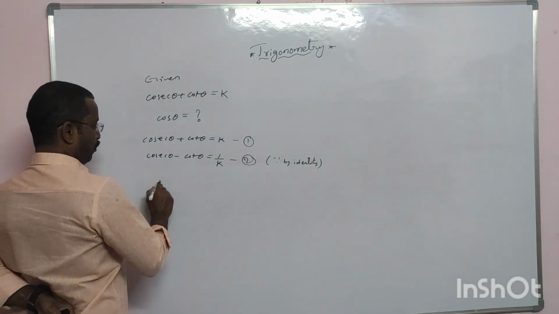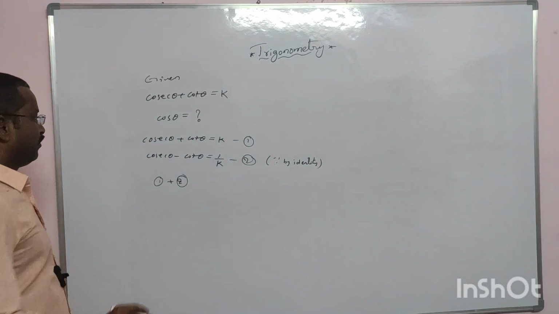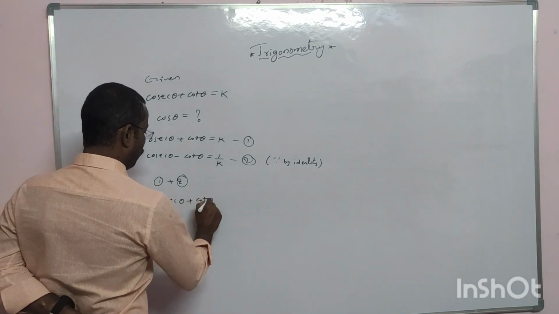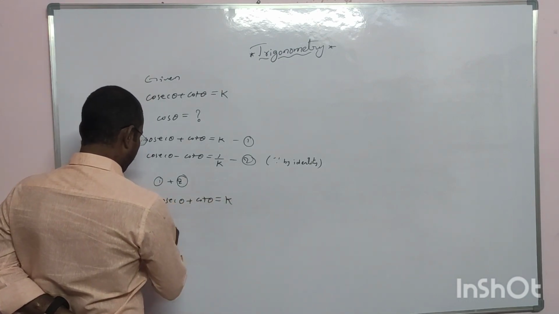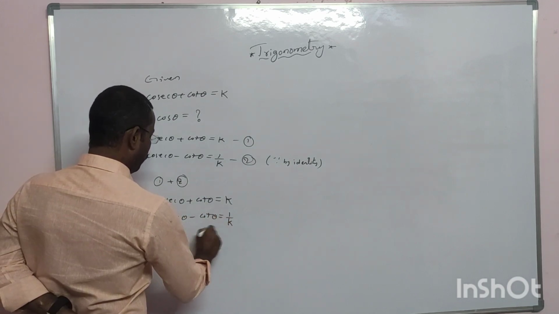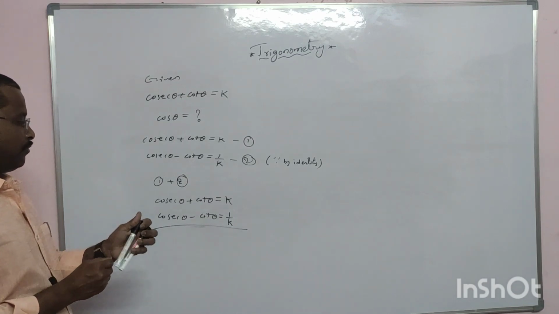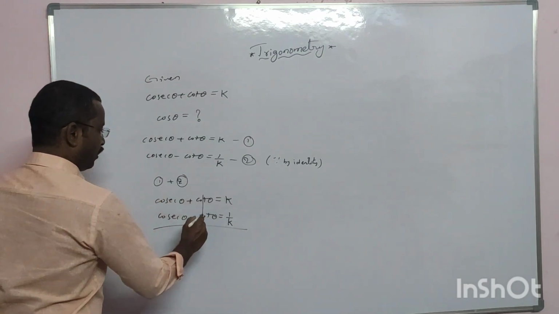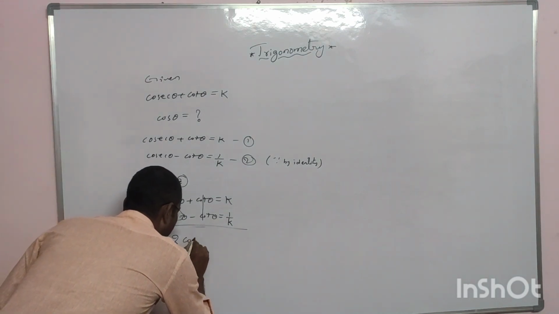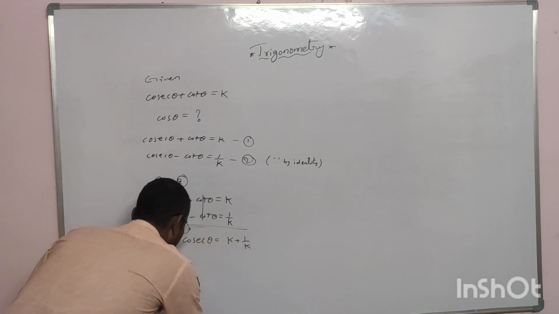Right. Now you are going to do 1 plus 2, first equation plus second equation. Cosec theta plus cot theta is equal to k. Cosec theta minus cot theta is equal to 1 by k. Cot theta cancels with the opposite sign. 2 cosec theta is equal to k plus 1 by k.